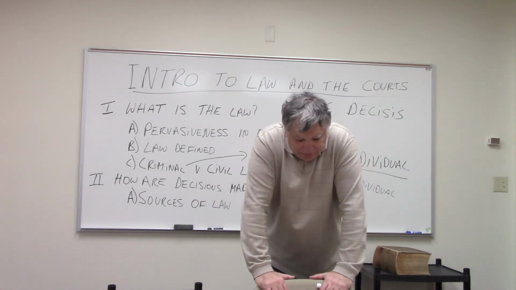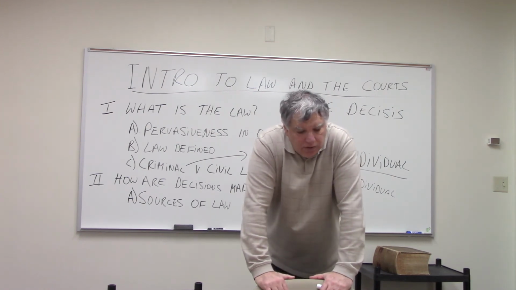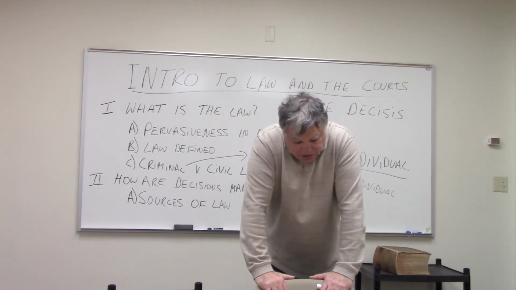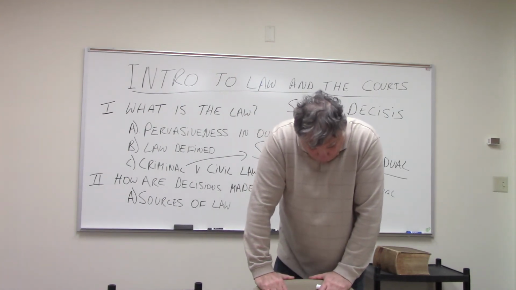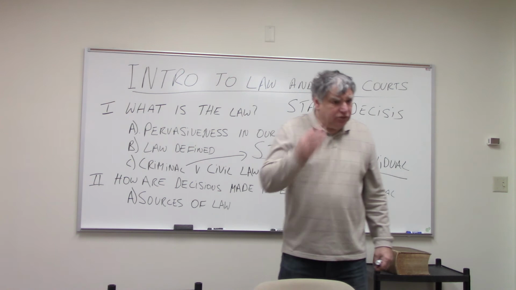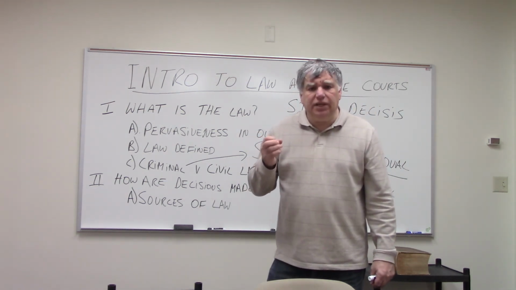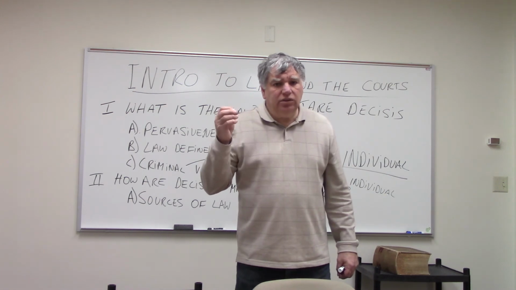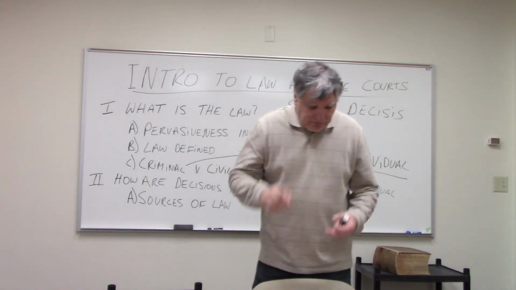Well, the third qualification is okay, so not only do you have to be from different states, but the amount in dispute in this civil case has to be for $75,000 or more. So again, these are the three criteria for what determines if something is a federal case, whether or not there's federal jurisdiction.